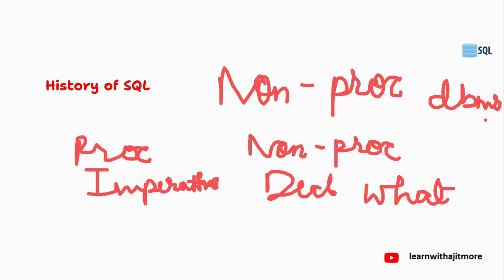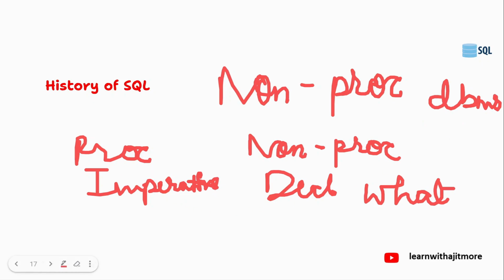We are just telling, please delete this record, please insert this record. Getting, guys? So SQL doesn't come under procedural. SQL is a non-procedural language. In SQL, you just give the command telling what to do. You're not bothered about how. How is the job of the DBMS. Getting?